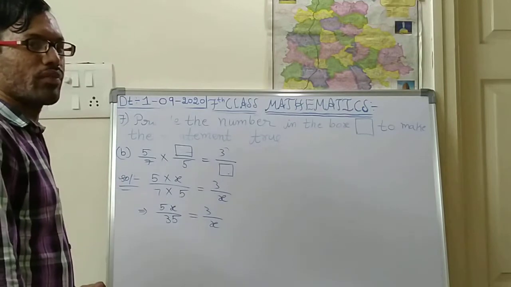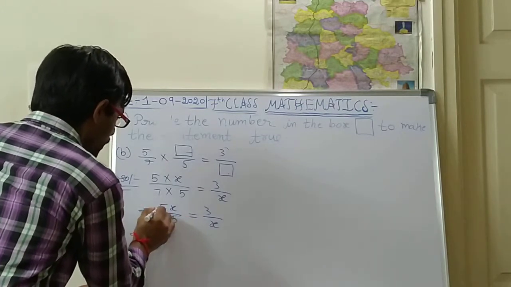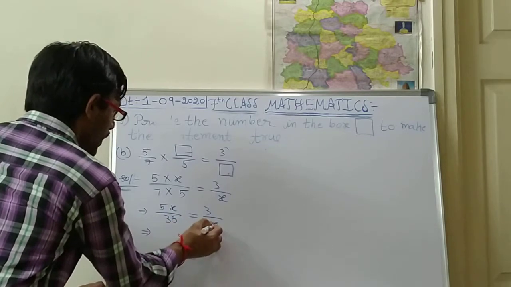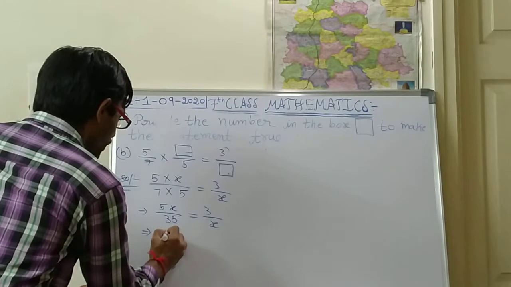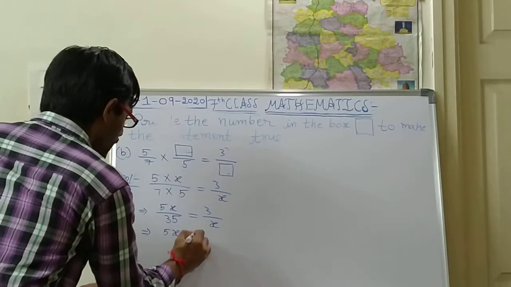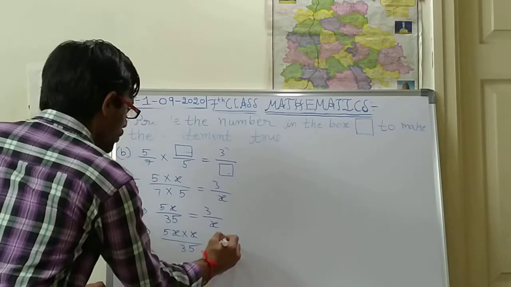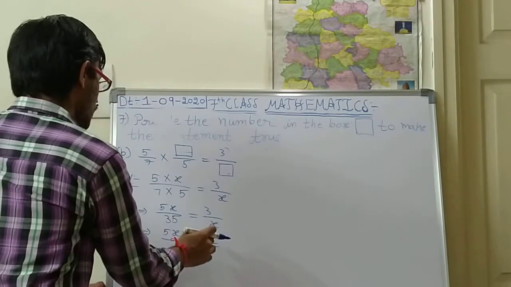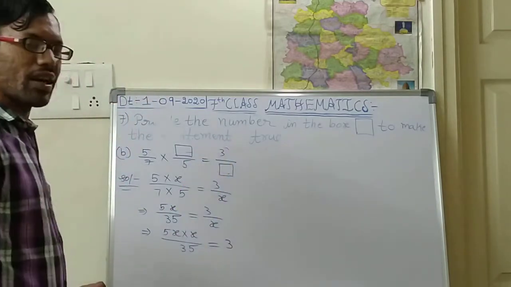So here what you should do? Send this x to this side. It will multiply: 5x into x by 35 is equal to 3. Is it right, children?